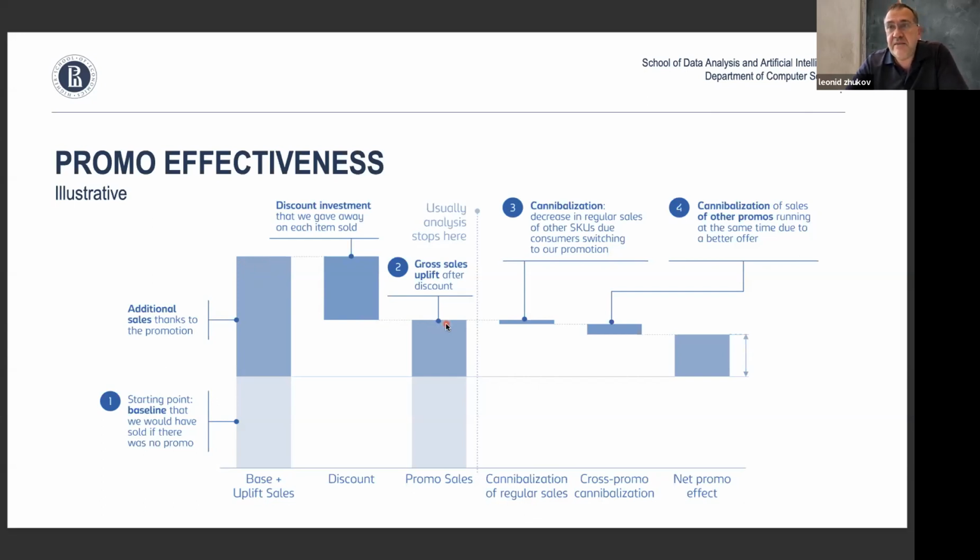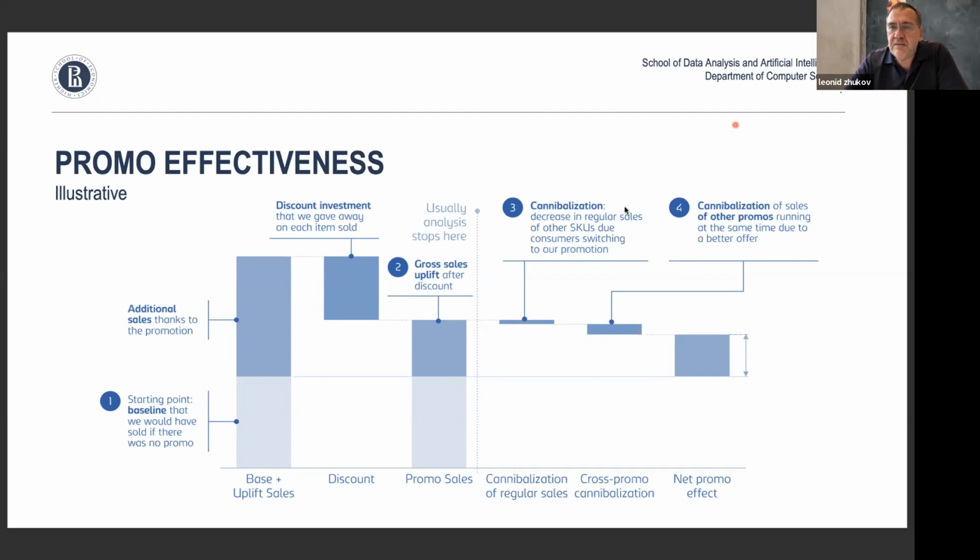But then there are other effects, and one of the well-known effects is called cannibalization, where your regular sales decrease due to promotion. For example, you go to the store, you see something on sale, and you buy more items of that type, but you don't have enough money to buy something else that you were actually planning to buy, and so that decreases your sales.